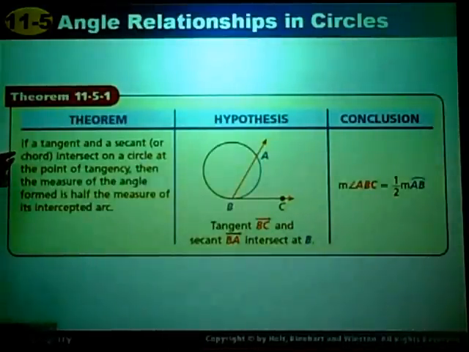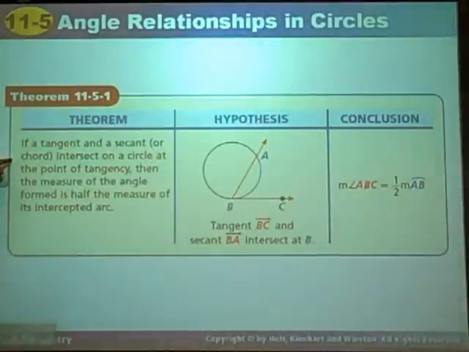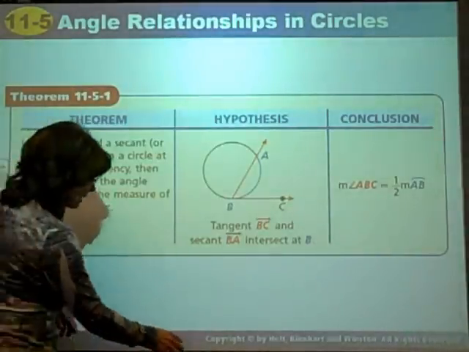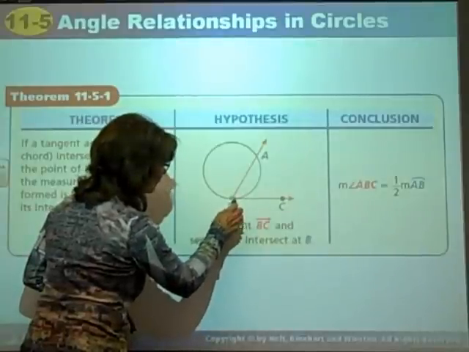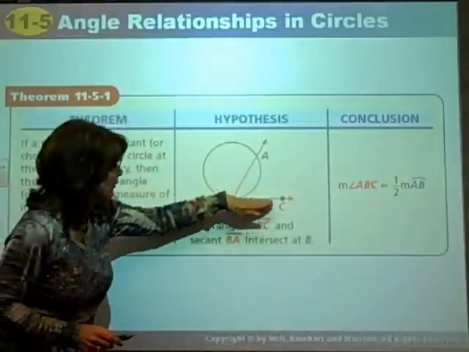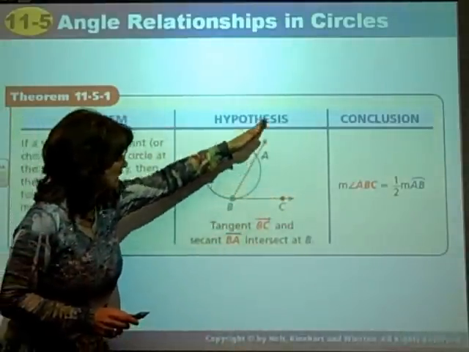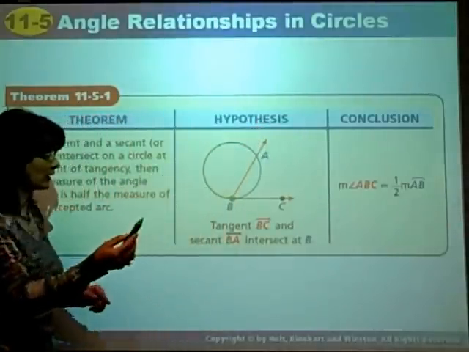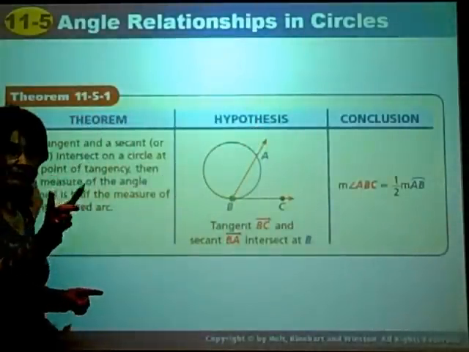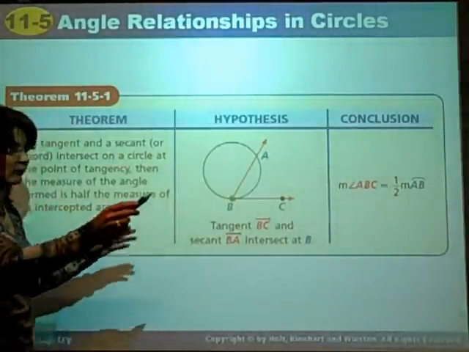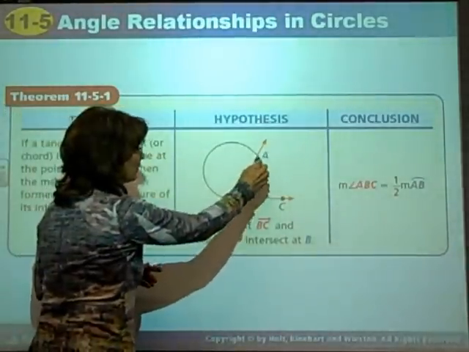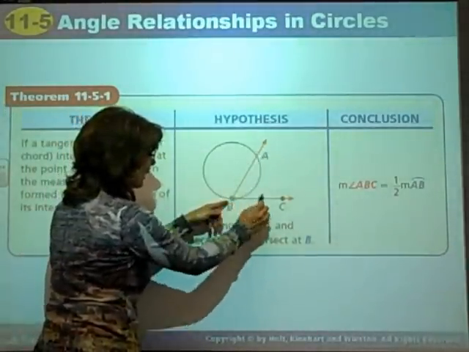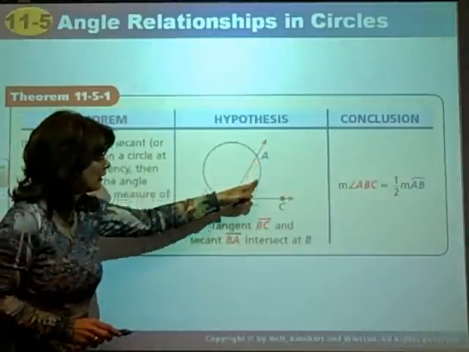If we've got a tangent and a secant that are intersecting on a circle, what that means is the vertex is on the circle, and here's my tangent, and here's my secant. Notice it's still got a vertex on the circle. Because it does have a vertex on the circle, this angle is half of this arc.